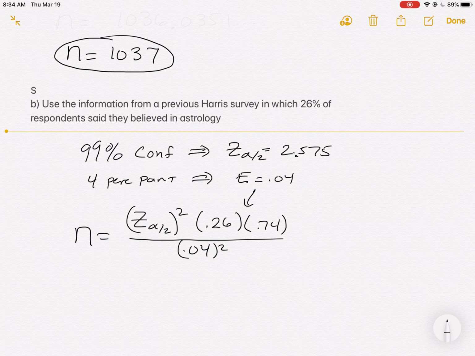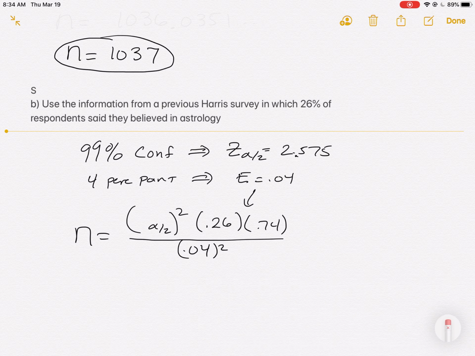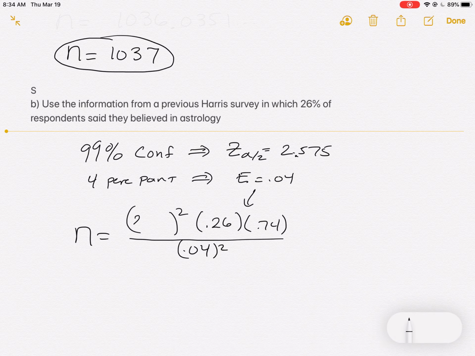And I apologize for this z alpha over 2. I shouldn't have written z alpha over 2 in there because we know what that is. For that z alpha over 2, we know that that's 2.575. So let's run that number. That's 2.575 squared times 0.26 times 0.74 divided by 0.04 squared and hit equals, and you can see that we have way less to address.